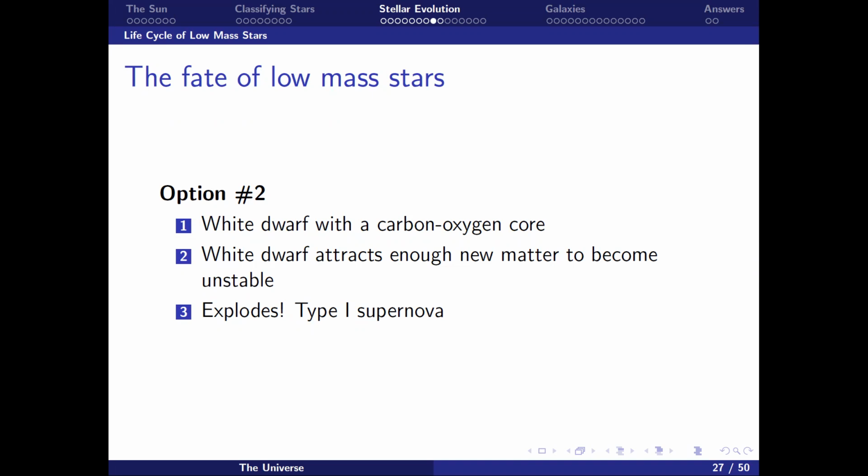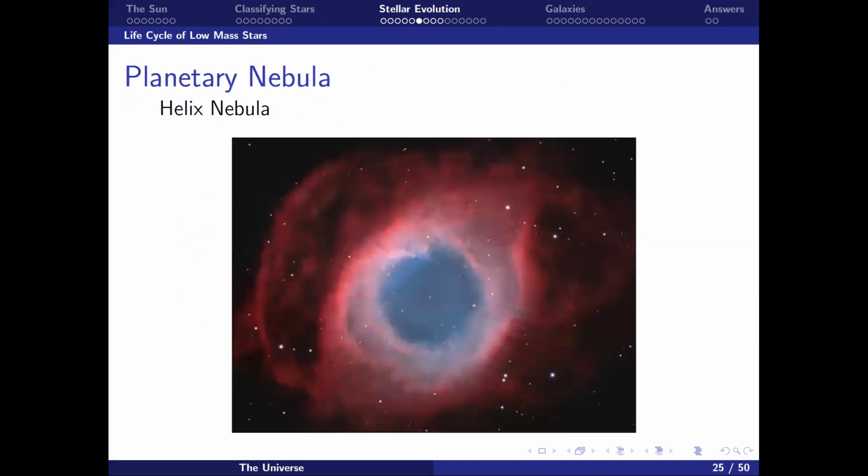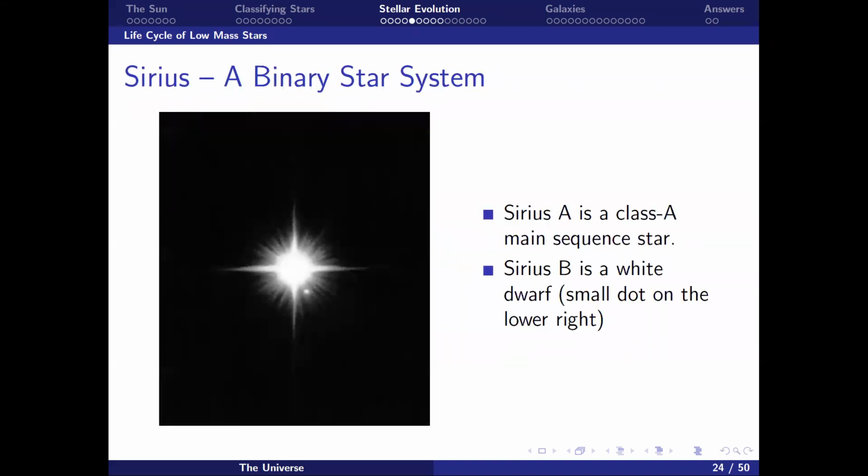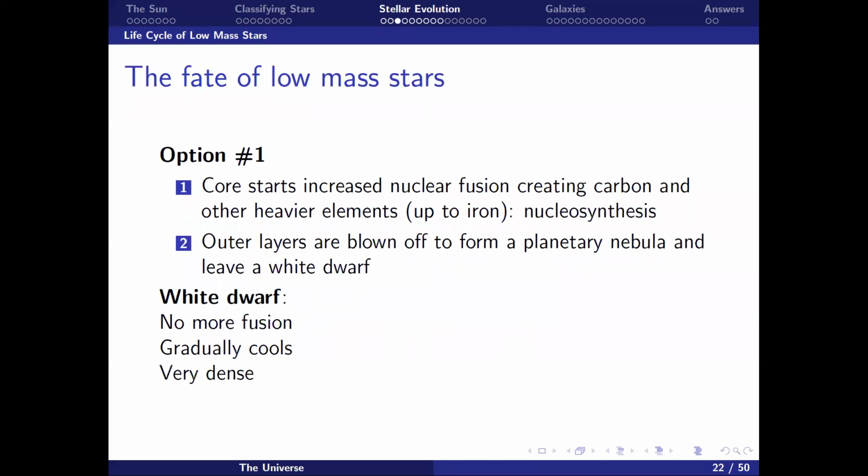So elements up to iron are created in low mass stars through nucleosynthesis. That's how we get elements up to iron.